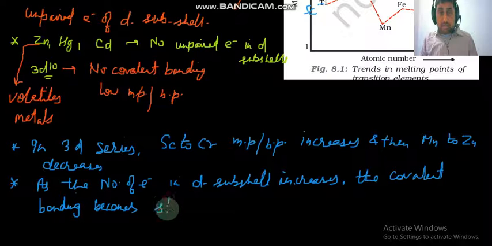The covalent bonding becomes stronger because more and more electrons will participate in that and make this bond stronger.